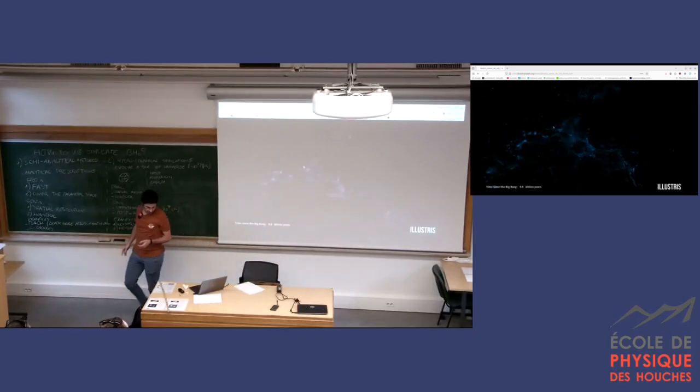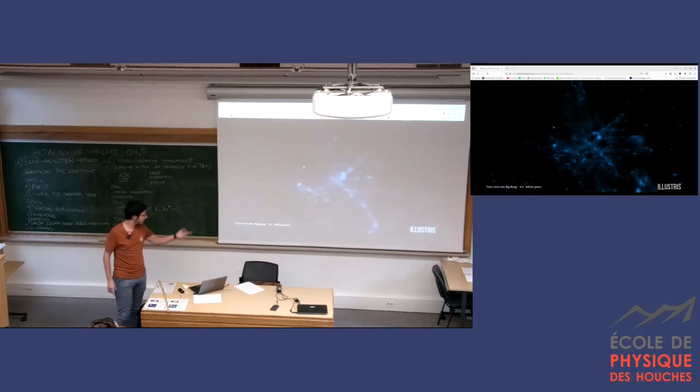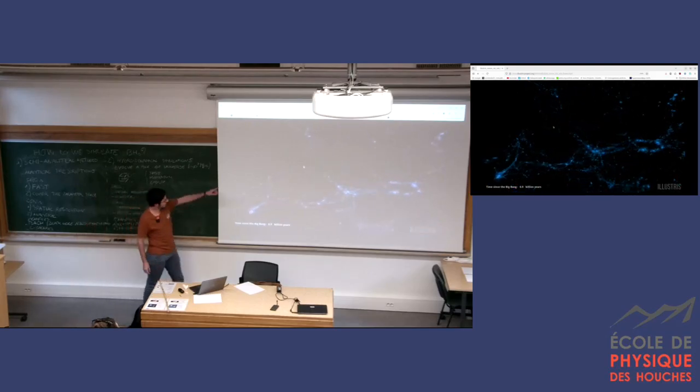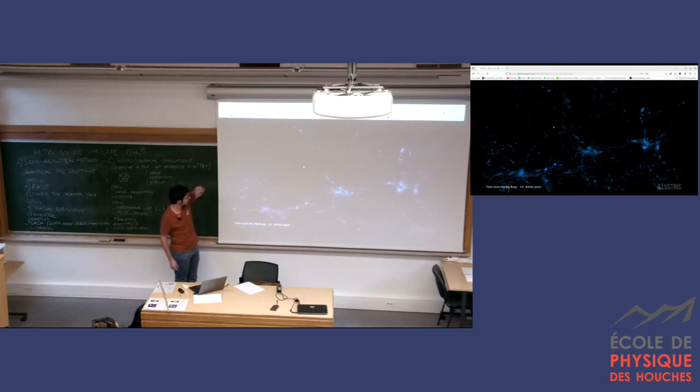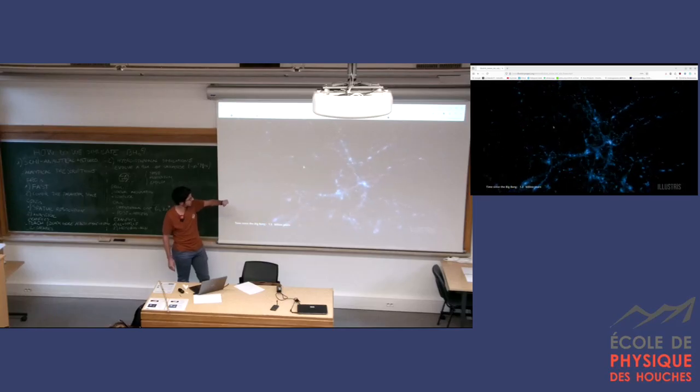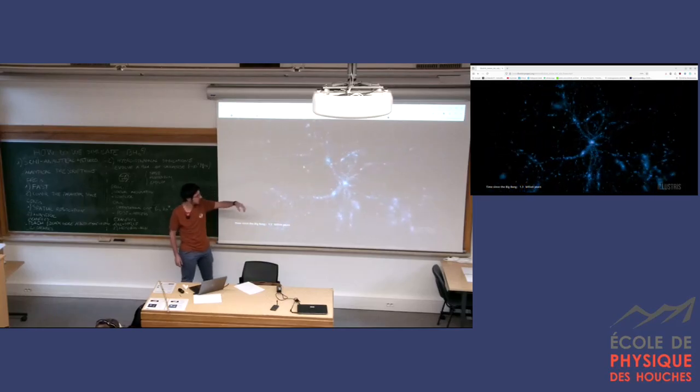So now what you're looking at is the Illustris simulation. You can see it starts with dark matter halos, these blue points that you see here. And again, if you're familiar with structure formation, you can see that you end up creating the filaments.